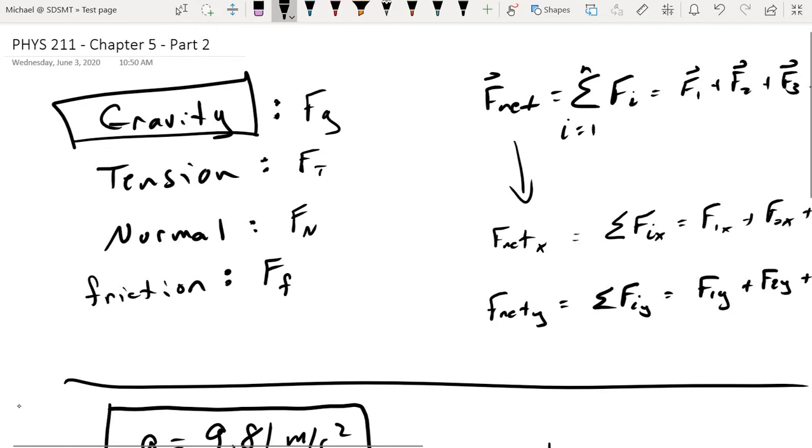And so my preference in describing these forces, I will actually write out the gravity force as mg. And this is because gravity by itself is such an important value that it's worth having in the problem statement, because later on we may end up introducing other terms that also depend on gravity.